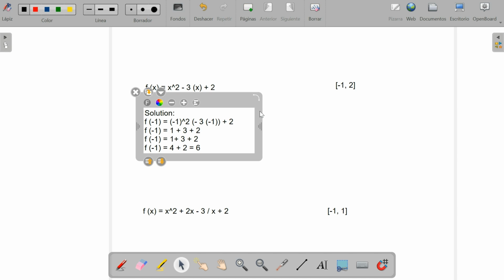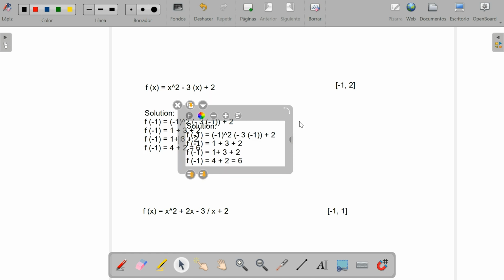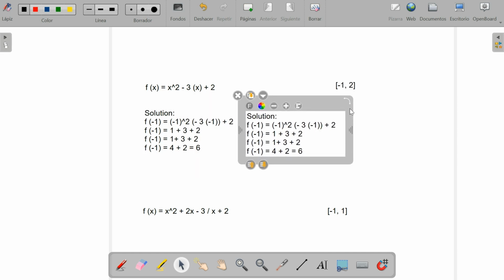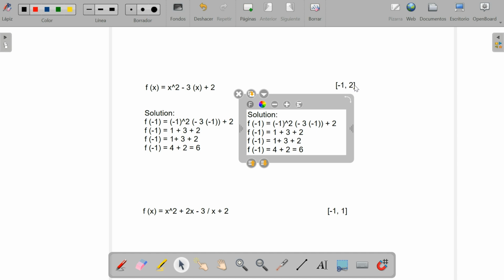And that's the solution. Now, you will be asking, but Reina, is that actually the solution? Yes, it is. Even though it seems very simple, it is. What we're going to do now is the solution, but with the 2 argument.